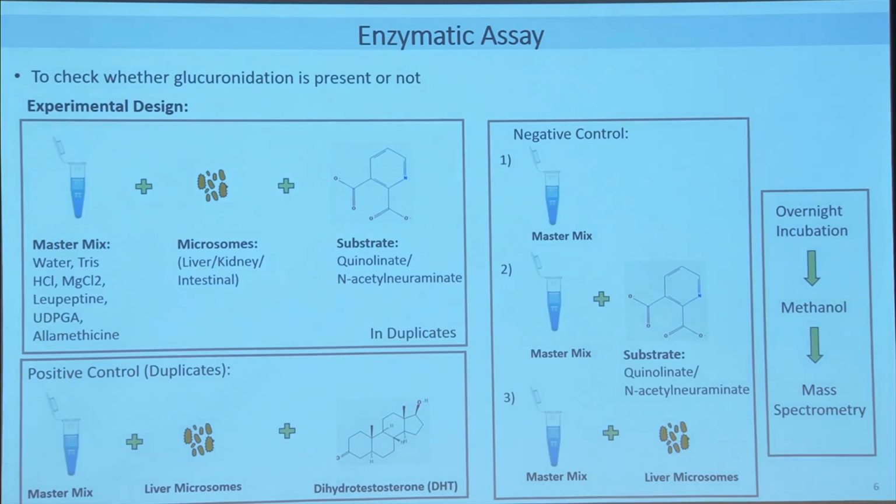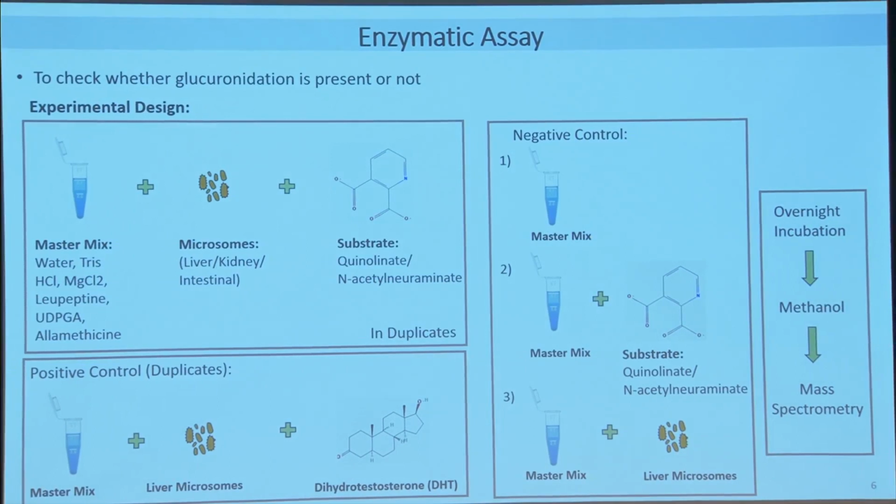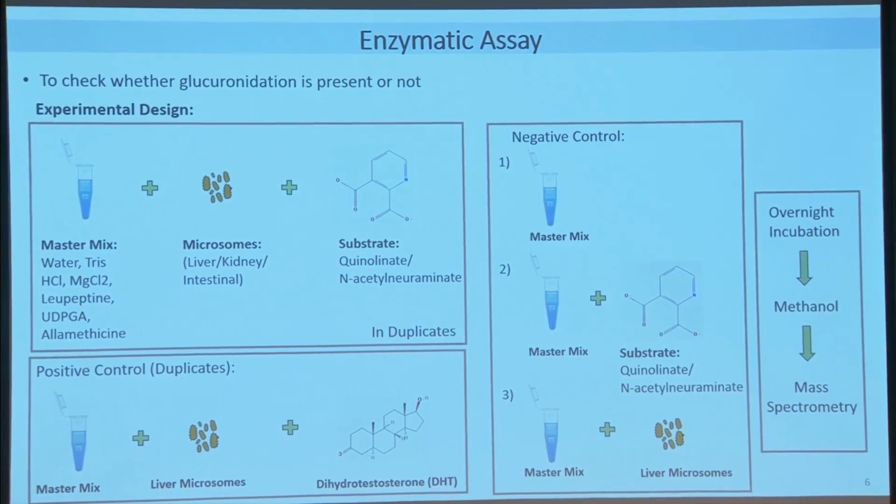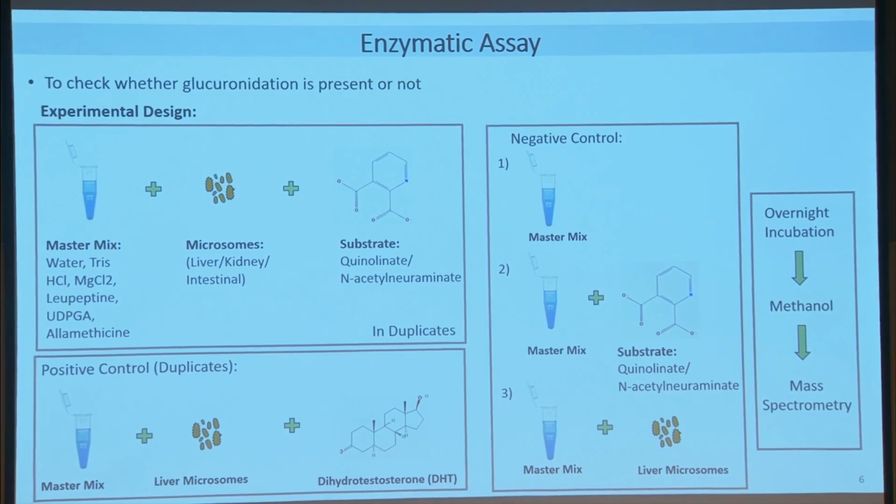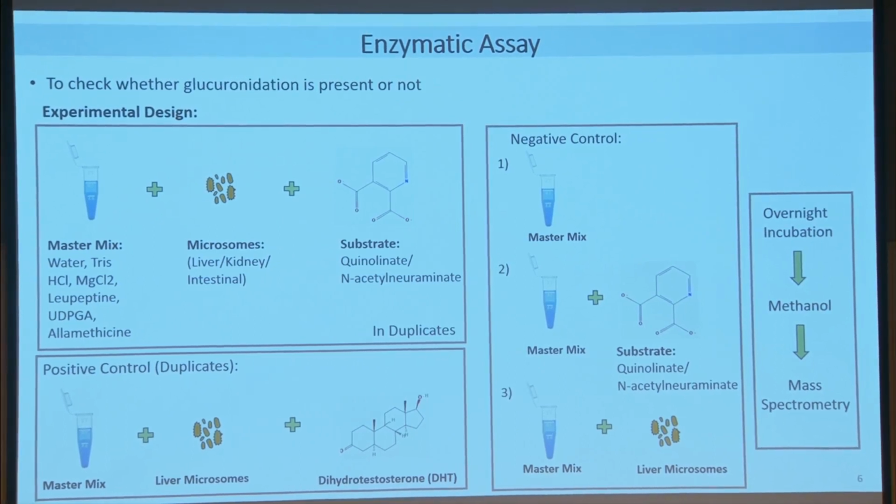So this is the experimental design for the enzymatic assay, and it was done to check whether glucuronidation is happening by these enzymes on these substrates or not. In the master mix, microsomes from liver, kidney, and intestine were added, and quinolinate and N-acetylneuraminate were added, and one positive control was made.